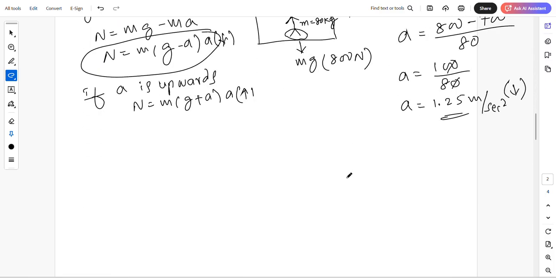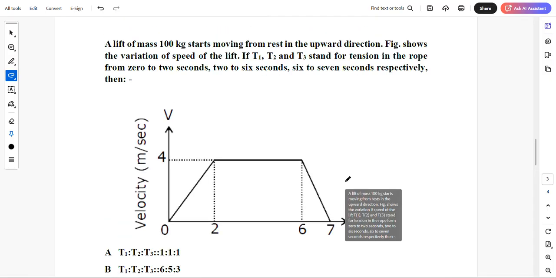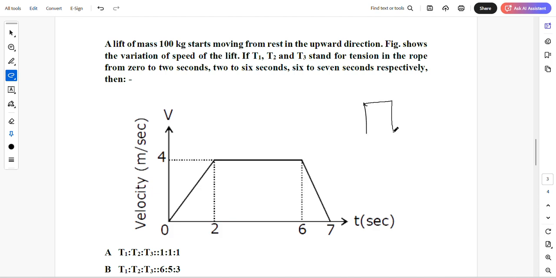Next problem. A lift of mass 100 kg starts moving from rest in the upward direction. The mass is 100 kg.